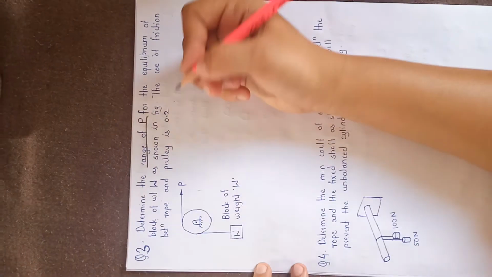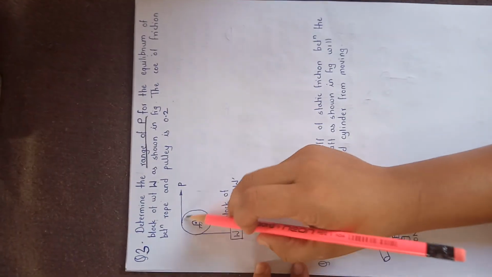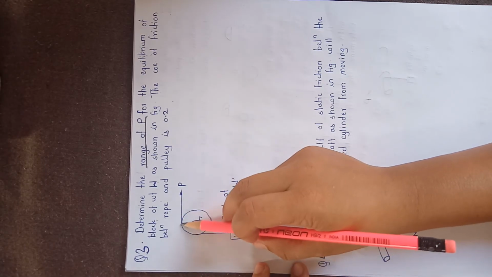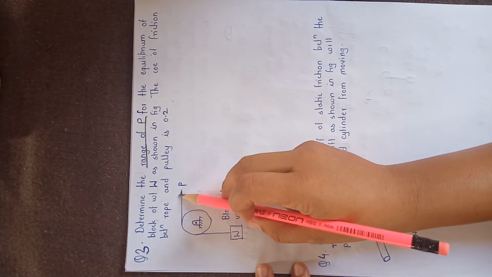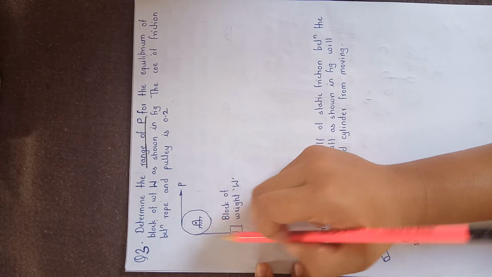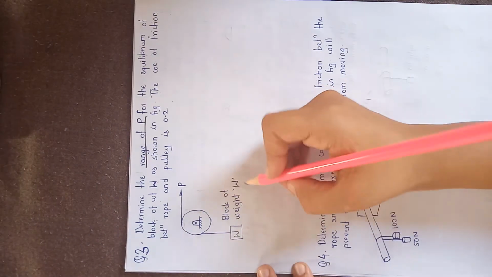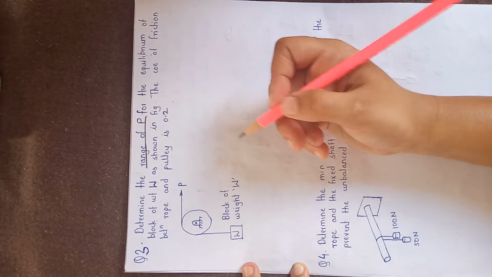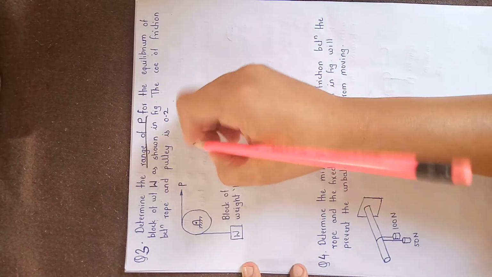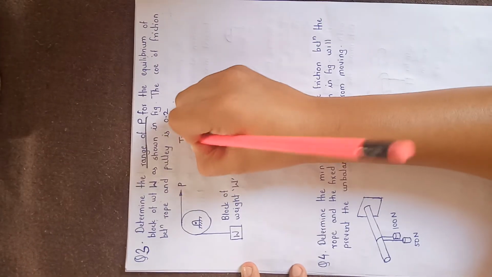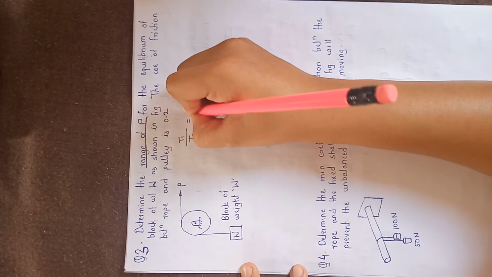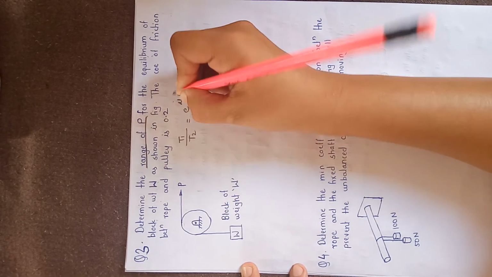Here there are two cases. This is the pulley. From this end we are going to apply the force, and this is the block having weight W. So we have one formula only: T1 by T2 is equal to e raised to mu theta.